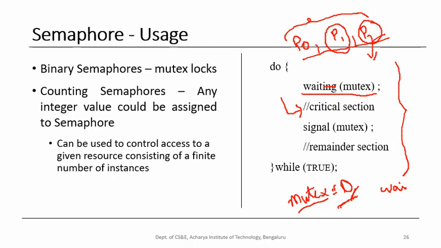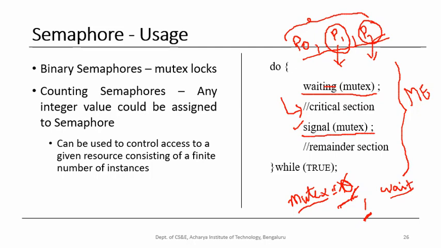So P2 is not allowed to get into the critical section. Hence, mutual exclusion is achieved. Only when P1 comes out of the critical section, it executes signal which makes the value of mutex 1. It increments the value of mutex by 1.